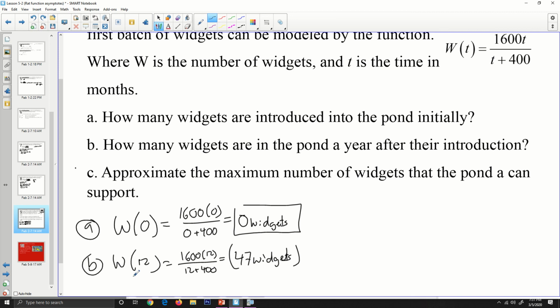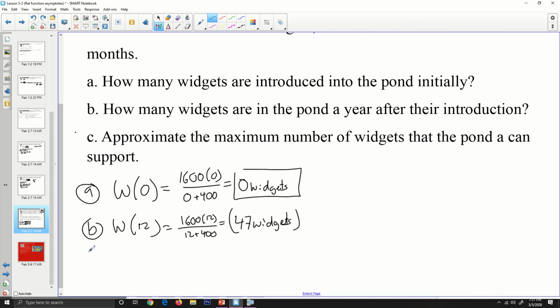And the maximum number, well, what is the maximum number going to be? And so again, we have this equation, w equals 1600 times t over t plus 400.